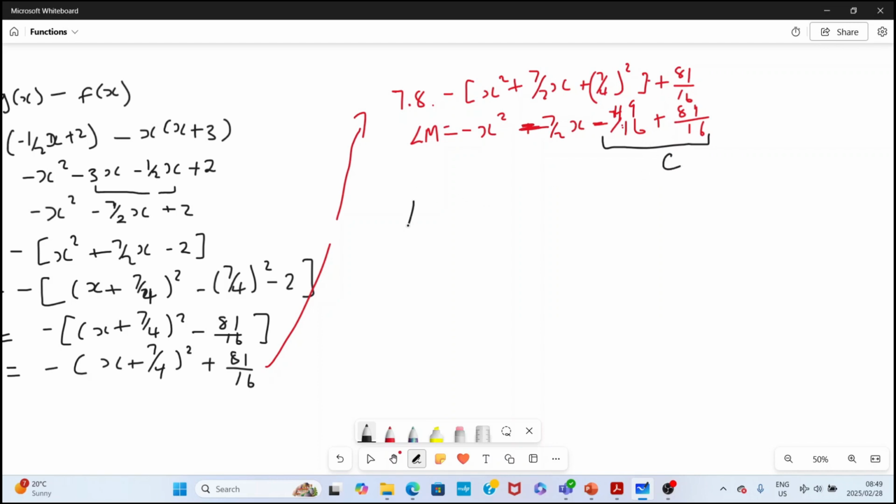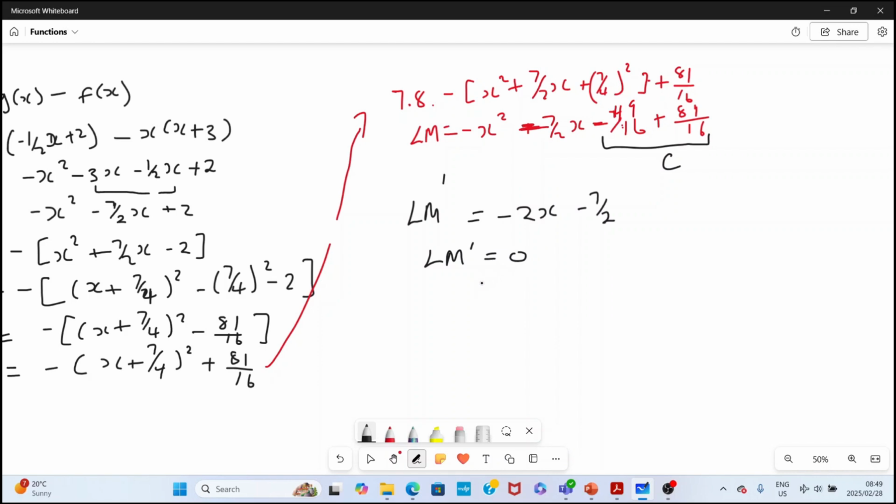So if we find the derivative of LM, this will give us minus 2x, and then this one here will give us minus 7 over 2. So if they want the maximum, it means that we get the maximum when the derivative is equal to 0.